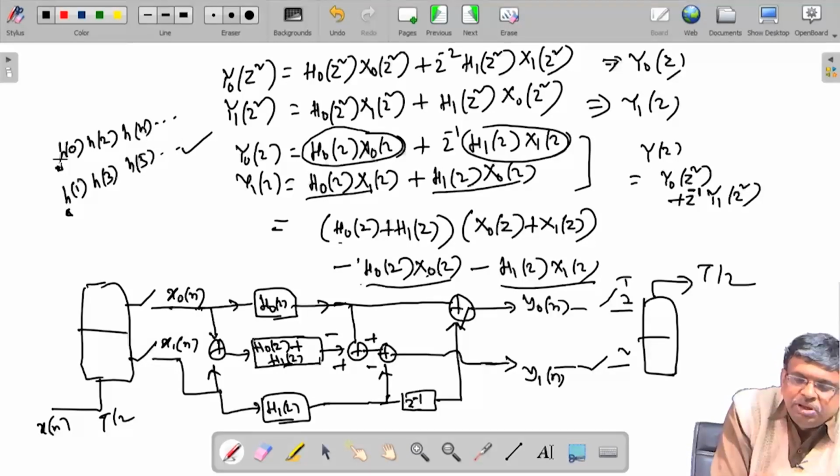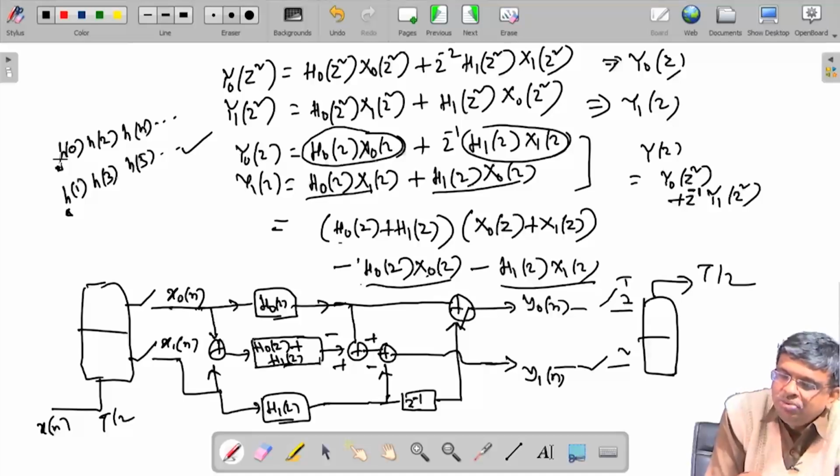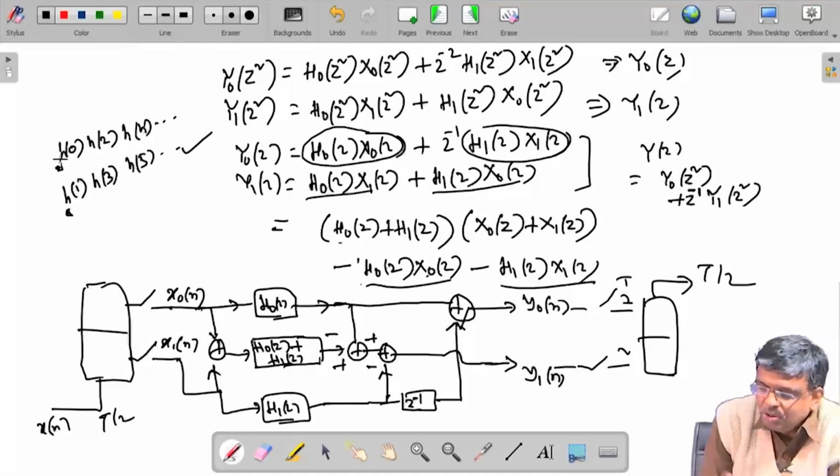So 50 here, 50 here, but if you add the two sequences, the resulting sequence will also have the same length 50. So this will be a filter with 50 coefficients only. So now 50, 50, 50, 150. Earlier it was 200.